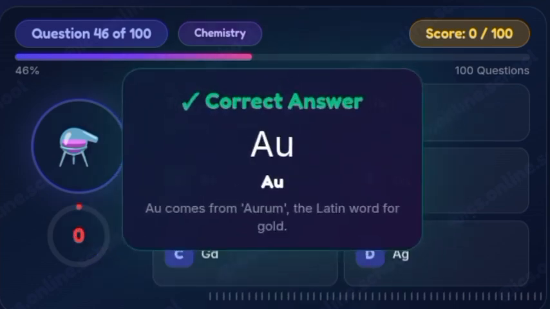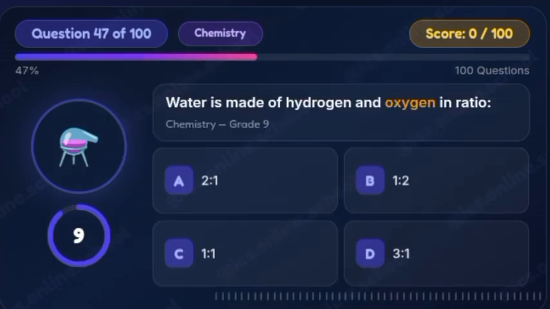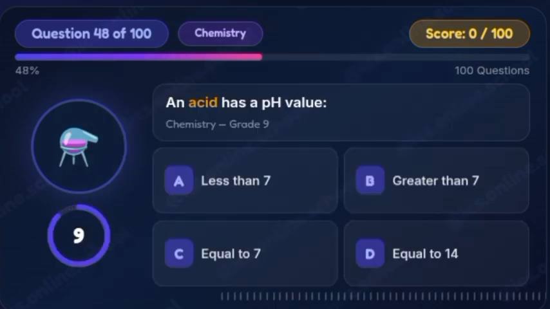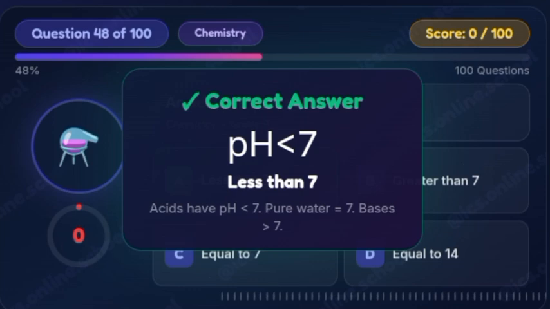What's the chemical symbol for gold? Au. What is made of hydrogen and oxygen in a ratio? 2 to 1. What is the pH value of an acid? Is less than 7.